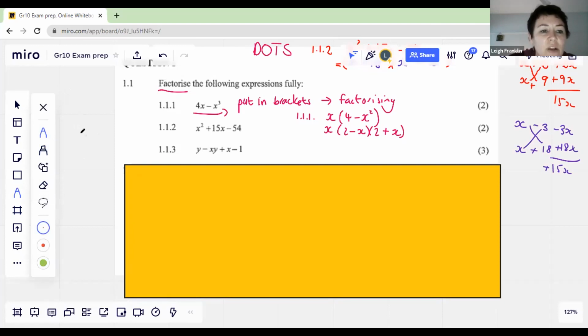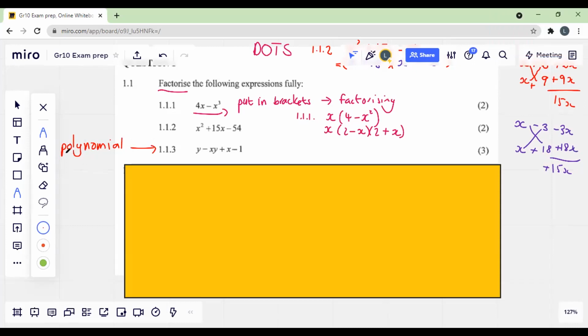This is actually called a polynomial. Is that a word you've heard before, grade 10s? A polynomial. In English, if a word starts with poly, it means many.